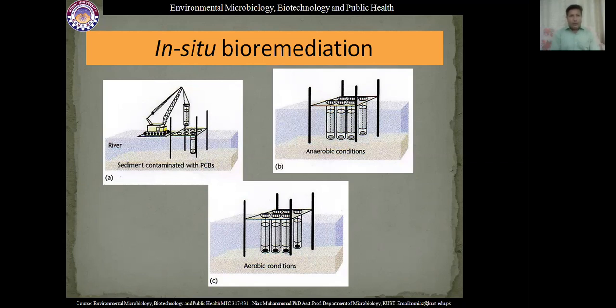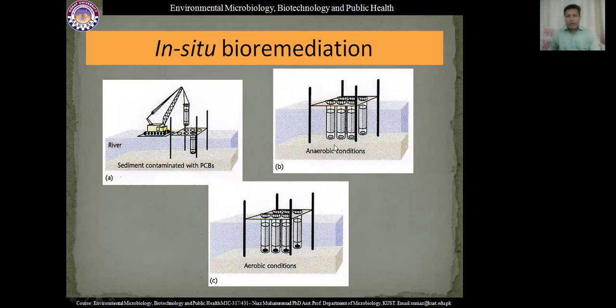Secondly, if the pollutant may be degraded under aerobic conditions, we have to make certain designs so that air will go to this site and create an aerobic environment to decompose the pollutant with microorganisms.